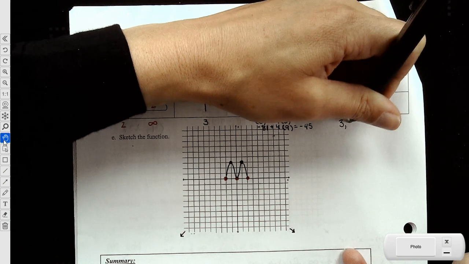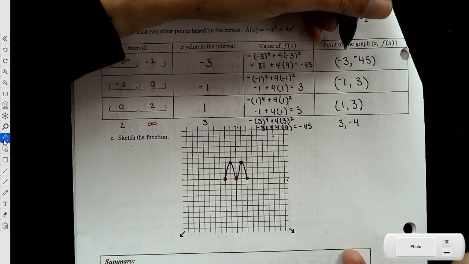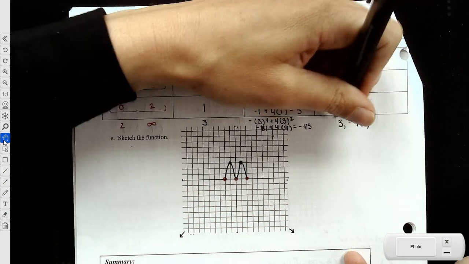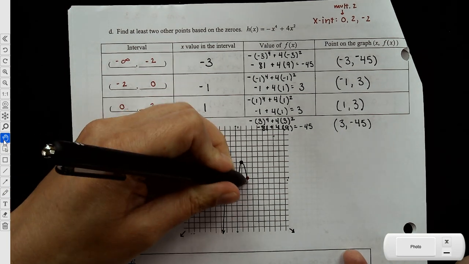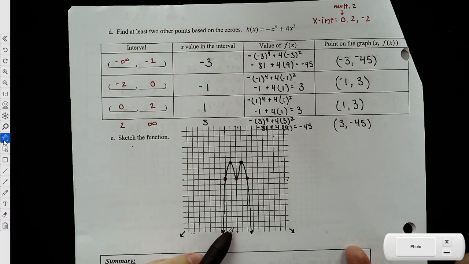Which makes sense because it's even, and that's reflected about the y-axis with that negative 3 comma negative 45. So these lines here should just go down like this. It has the correct end behavior.